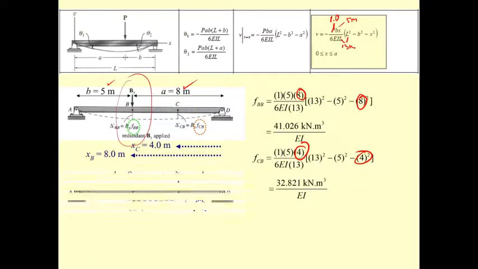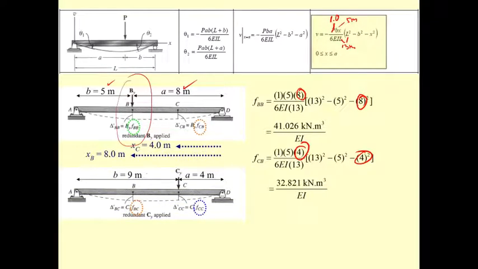Now the last one is the delta sub C. This time the B changes to 9. The A is 4. This is 5 plus 4. And then F sub BC and F sub CB are the same. You don't need to do the calculation. Just put for the F sub CC.